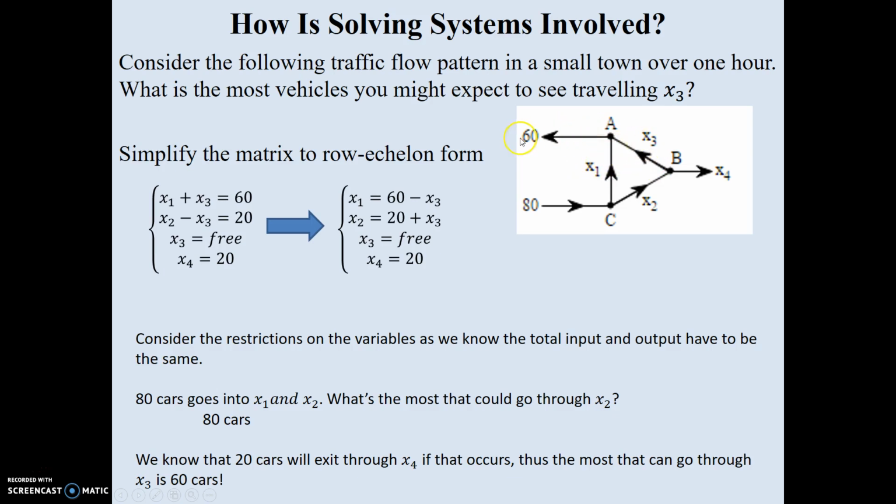So 0 plus 60 would equal the output of 60. So that would be possible. And if I think about my equation, 60 minus the 60 that went through x3 would mean that x1 is 0. So it all works together. So the most cars that could potentially go through x3 would be 60 cars.